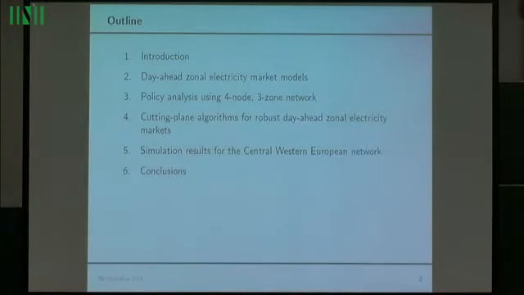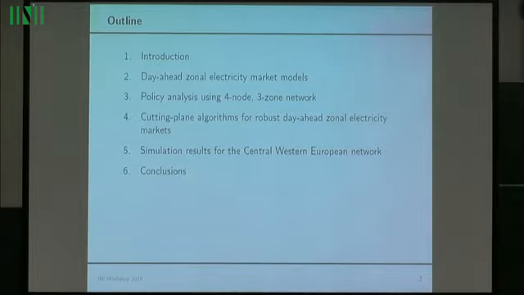I'm going to spend a few minutes discussing why we're interested in the topic, because there are some recent developments in the European market that make the issue relevant. I will then proceed to a proposal that we have for modeling zonal markets and convey some of the key policy insights from a very simplified model that already delivers a lot of the important messages.